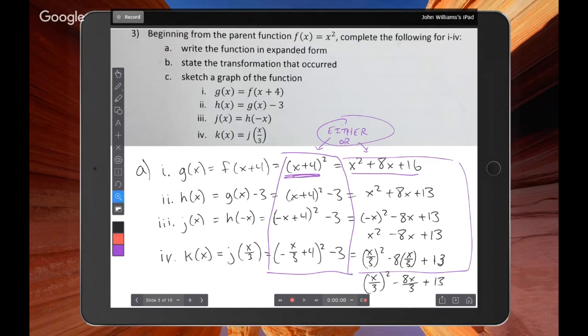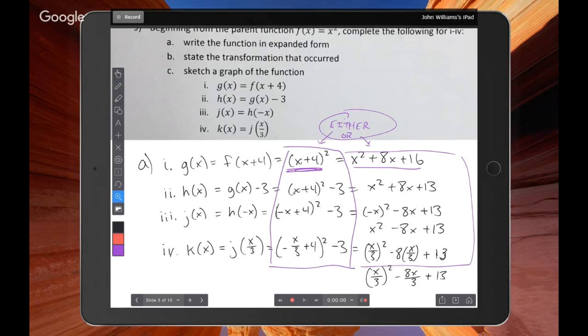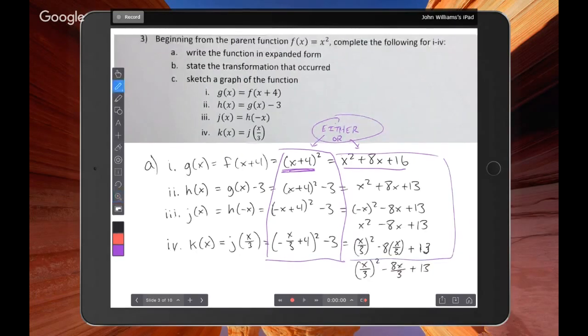I was just skipping a step. And then even if we want to take a last step, we could say that's x squared over 9 minus 8x over 3 plus 13. Cool.